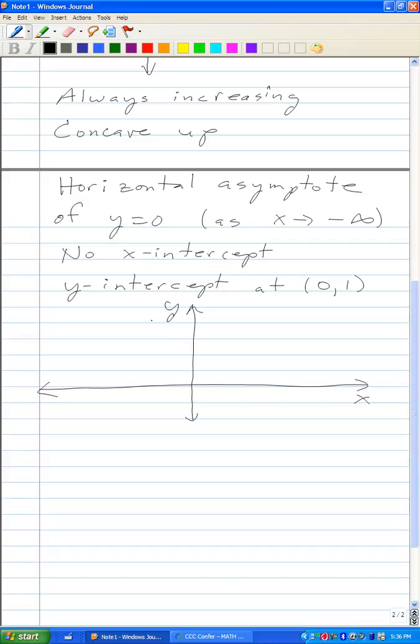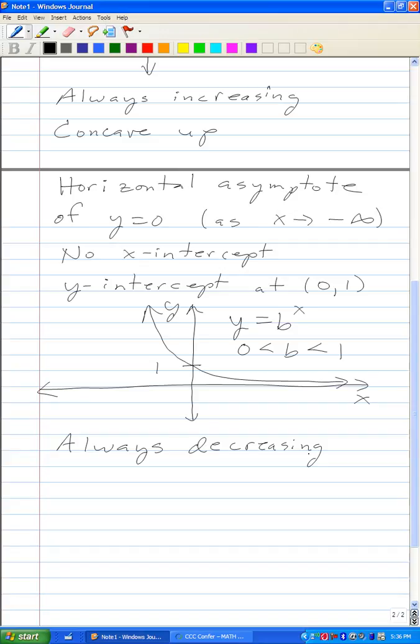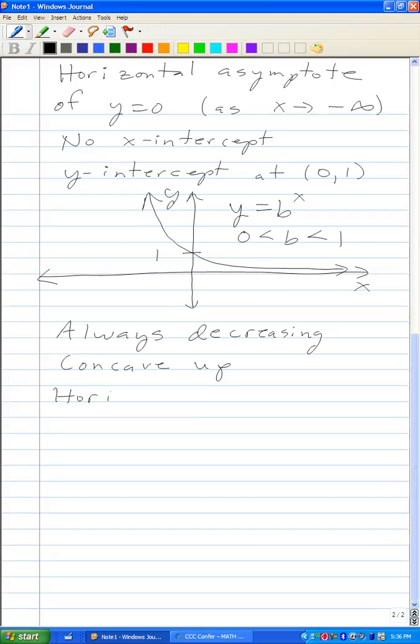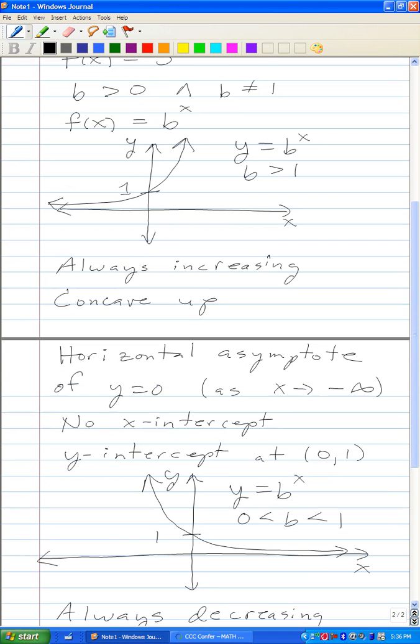Next, suppose that we look at the graph of y equaling b to the x, and suppose that b is between 0 and 1, then this is always decreasing. It's still concave up.